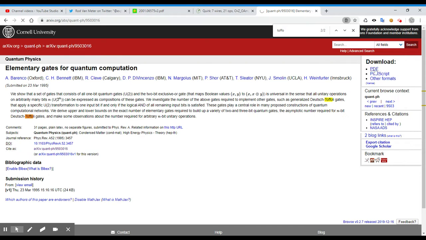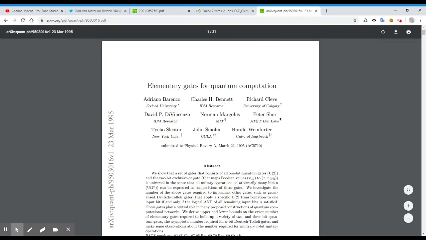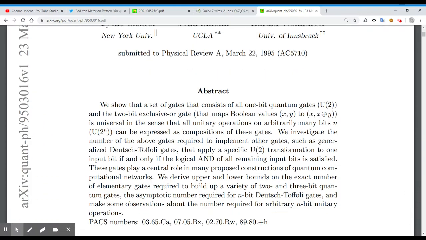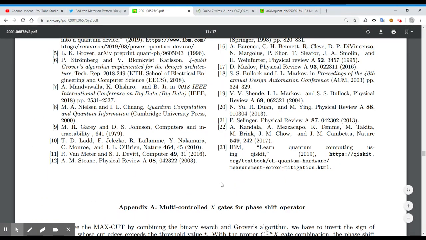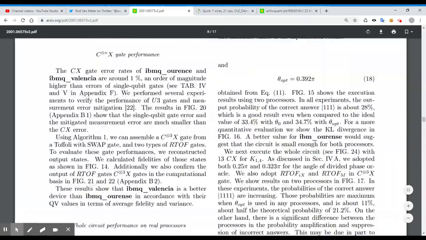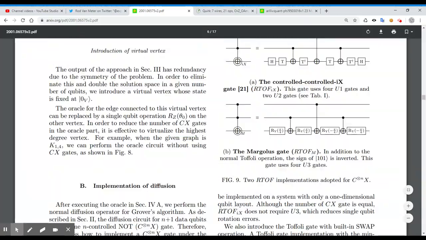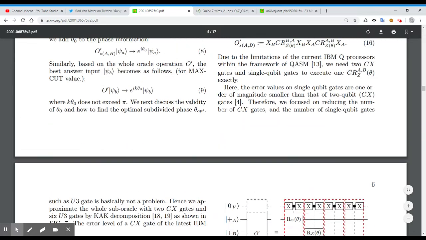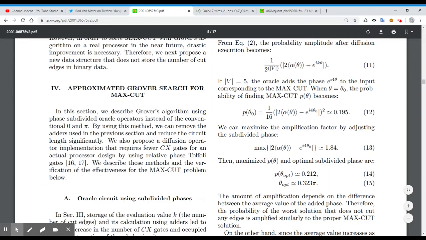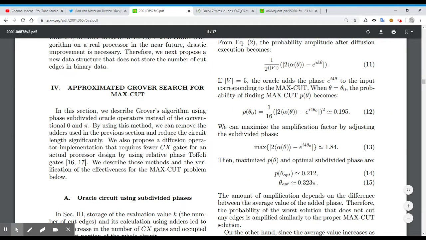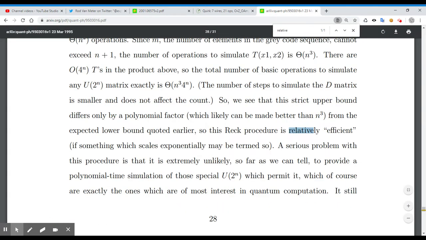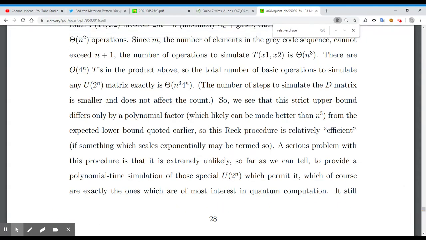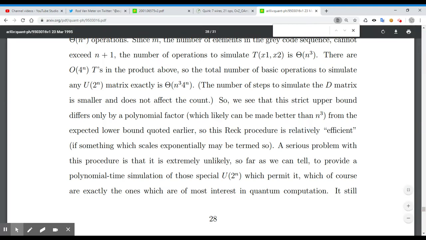If I download the paper, so what is it? Relative phase Toffoli gates. Okay, it doesn't seem like that's the naming in here. I just wanted to quickly check whether that's something.